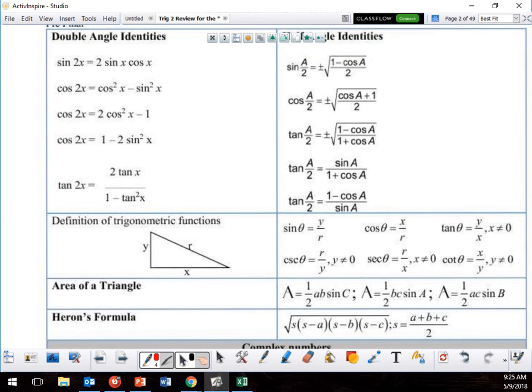It's a double angle. So here's my double angles. So right there in the top, sine of 2s. So it's going to be this double angle, so it's going to be 2 sine x cosine x. So it's 2 sine x cosine x.